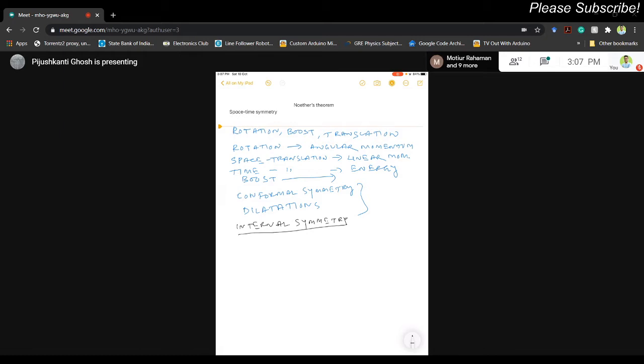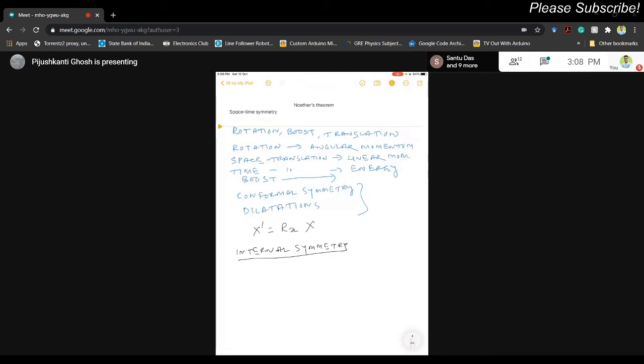Say for example, space-time symmetry. Now some notation I have already introduced, so I will not repeat those. You have something like x prime is equal to R x, or R_z.